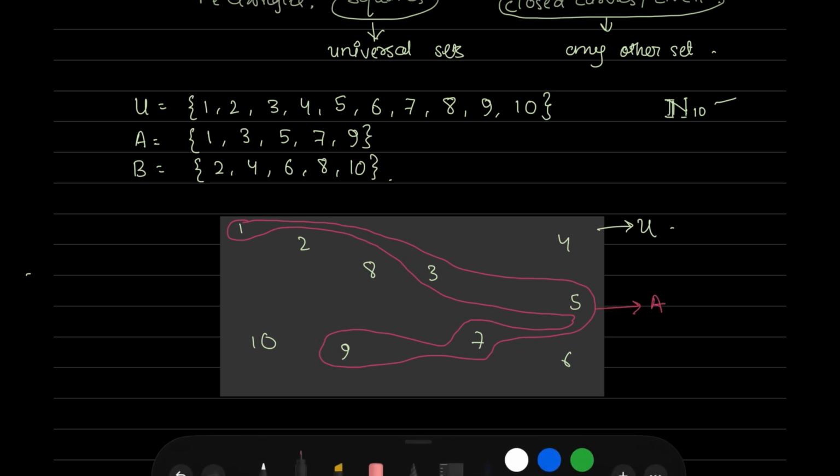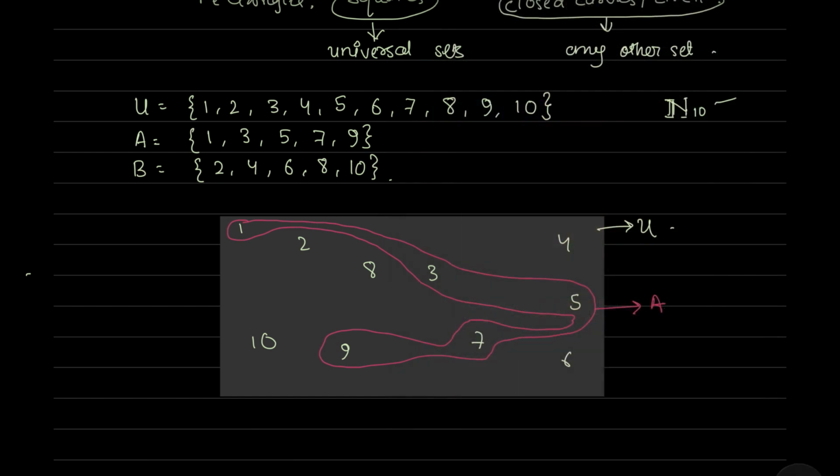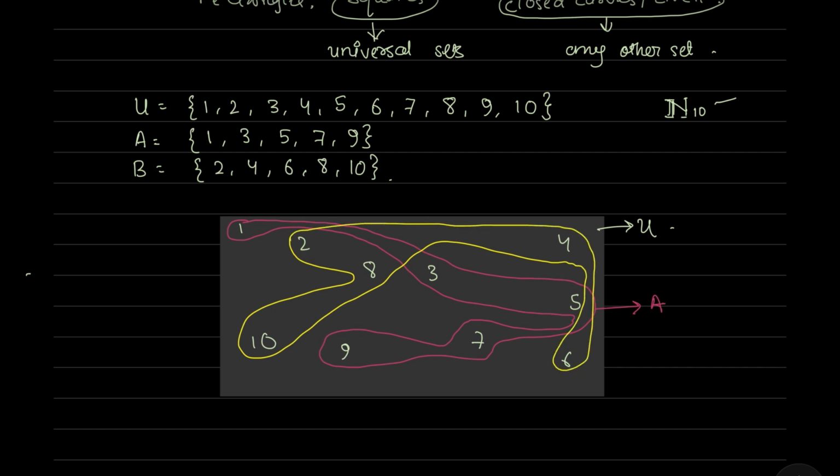Also I have to make set B. So this contains all the even numbers, starting with 2, 8, 10. Then we have 4 and 6. This is representing set B. Both of those are closed curves inside U. So this is how we are representing A and B. So this is a Venn diagram, but it is not structured yet.